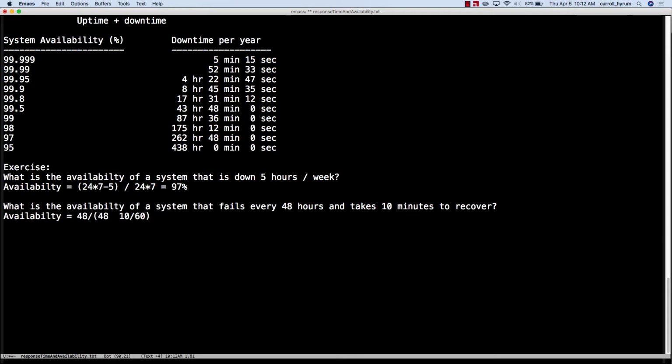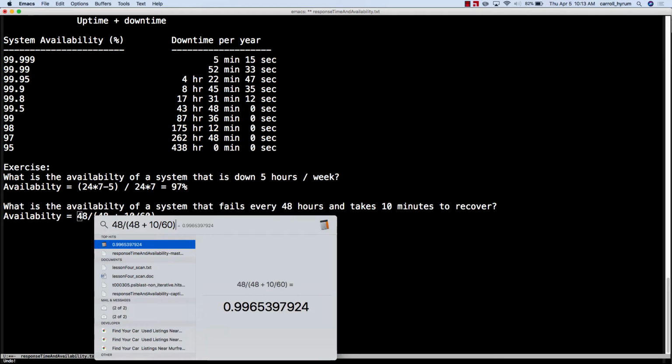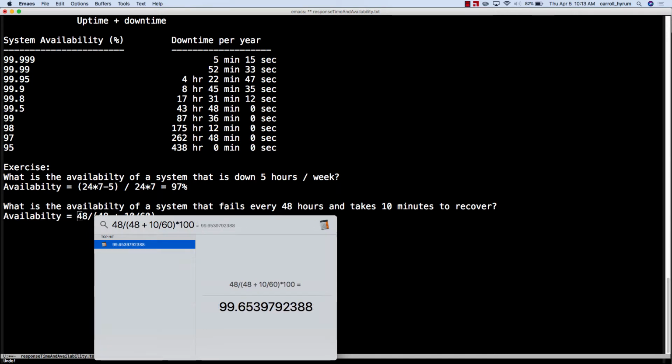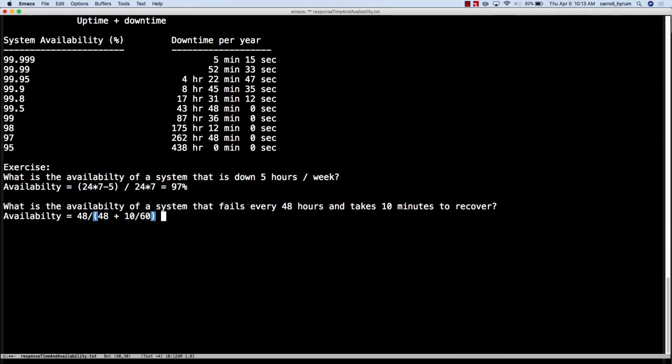I was like, it's over 100%. That's how we know we're wrong, is when it's over 100%. So, times 100, so that we're at 99.65 percent. Okay, so we're at least 2 nines.